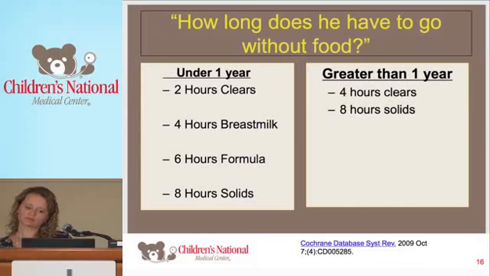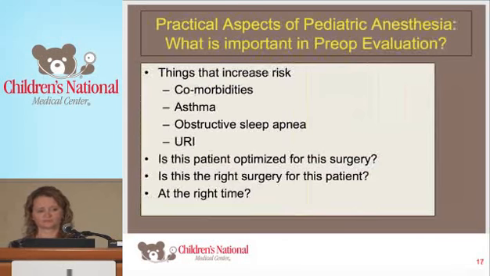If 2 hours is the minimum time I have to wait, we like them to have a little bit longer. So when they come for their pre-op visit, they'll talk about that. We like them to have a little bit longer for scheduling purposes, not for safety purposes. So these are the guidelines that we use.